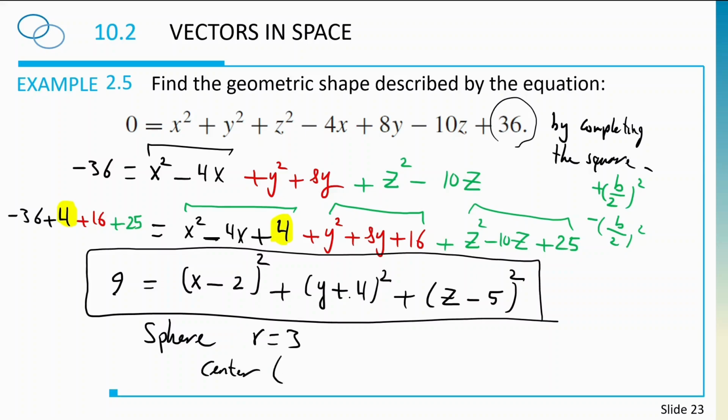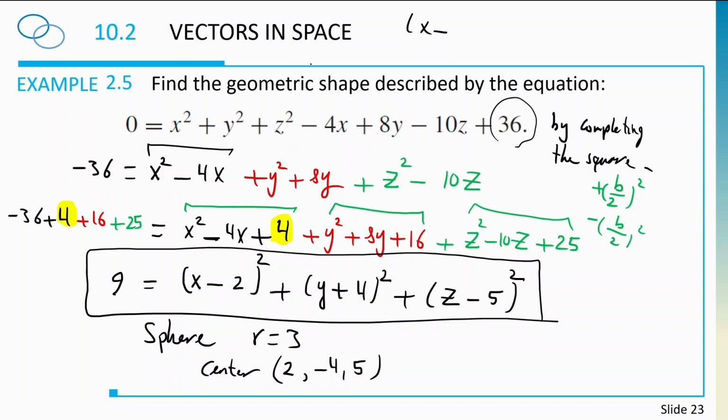The center is always from the coefficients. Remember, the rule in general is x minus, y minus. If it's negative, use the same value here, as 2. Plus 4, so you use negative 4. Negative 5, I'll use 5. So this is an equation of a sphere with radius 3, which I get from here, 9 is 3 squared. Radius 3 and the center is (2, negative 4, 5).